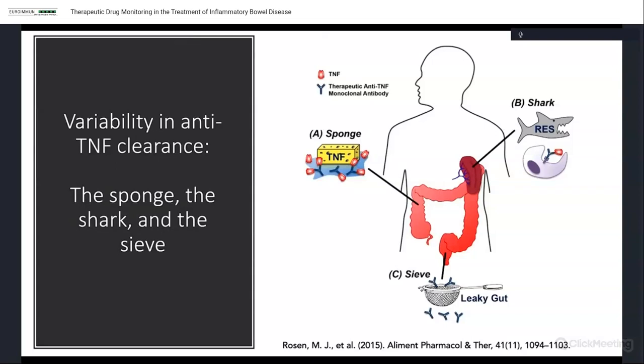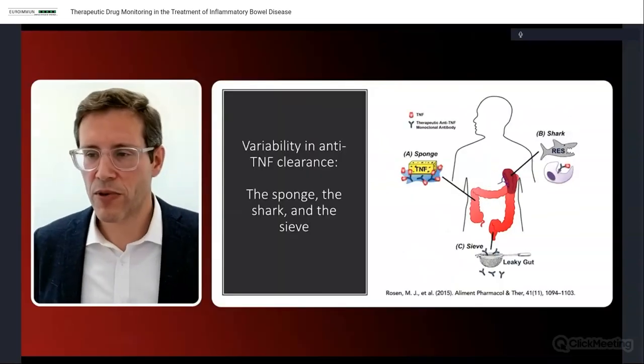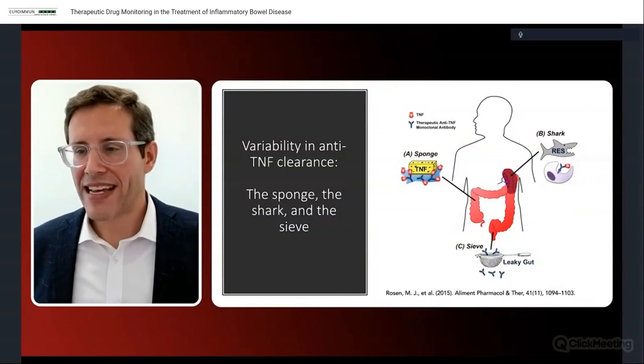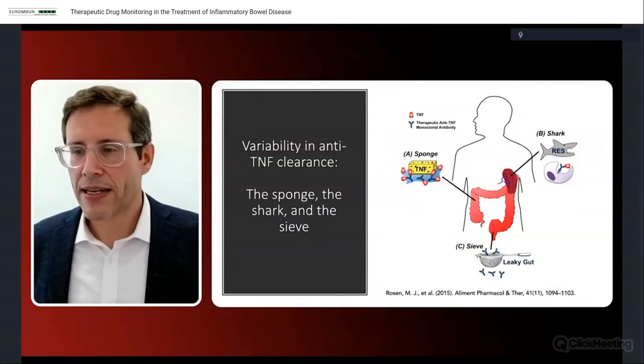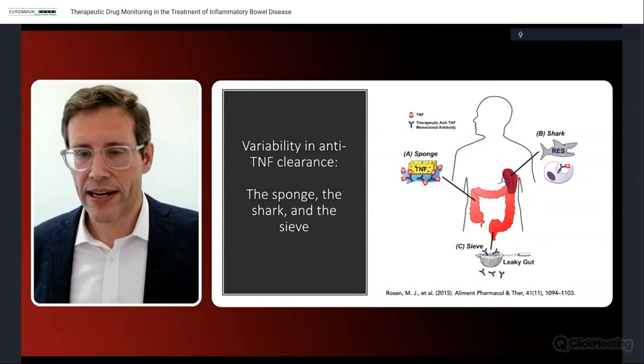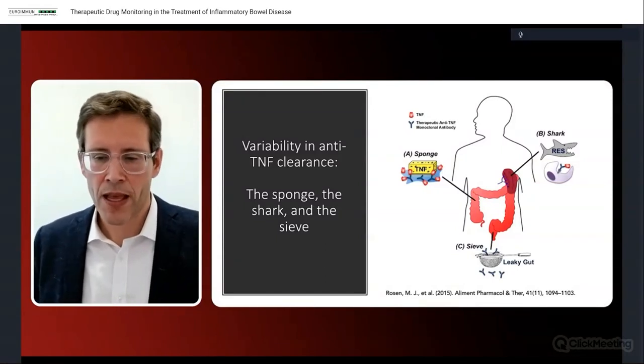The sponge represents the high burden of antigen targeted by the biologic, in this case TNF, that immediately sops up the therapeutic monoclonal antibody. The shark represents the reticuloendothelial phagocytes, which take in the therapeutic antibody and degrade it. And this system can be upregulated in the setting of inflammation.